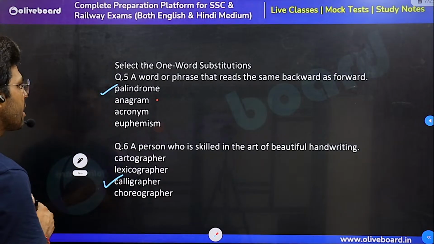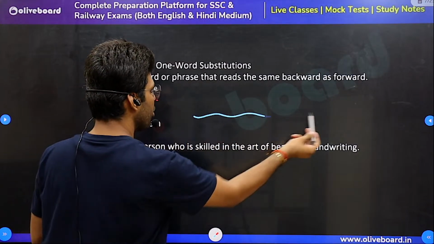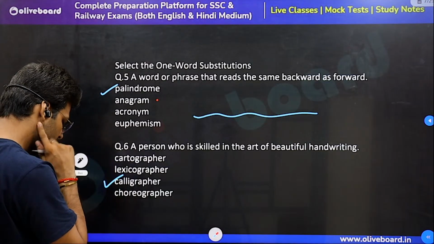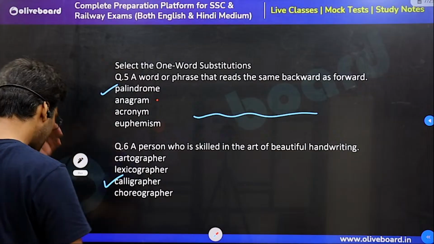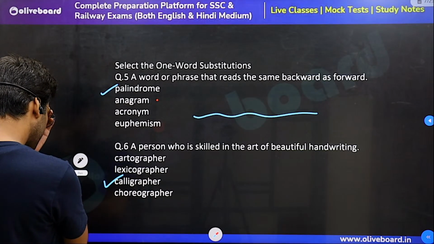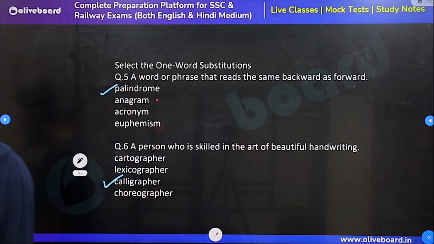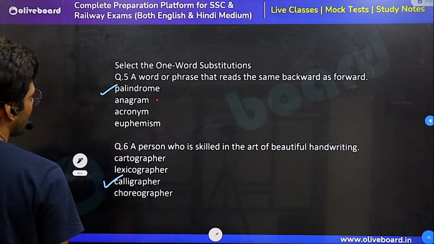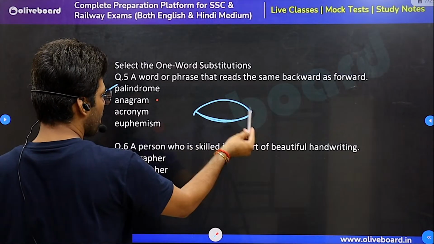A word or phrase that reads the same backward as forward. Thiruvananthapuram. No, not Thiruvananthapuram. There was another one which was the same. Arvind, help me please. Why did I say Thiruvananthapuram? Kerala. Please excuse me for the absence of mind. There is one more which is a palindrome, which reads the same forward or backward.